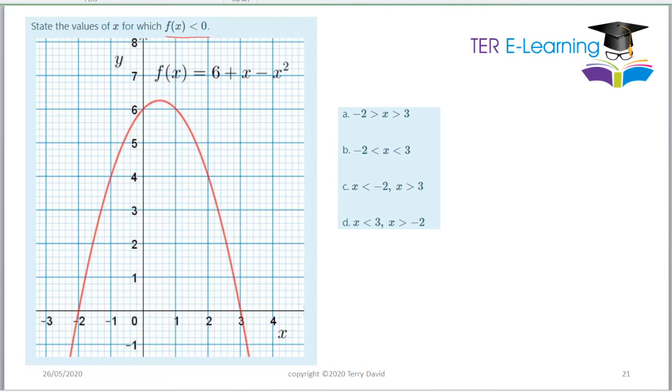Remember what less than means, right? Less than means what part of your graph is below my x-axis. So think about it. So this means what part of my graph is below. Once you see the word less than, we're talking about below the x-axis.